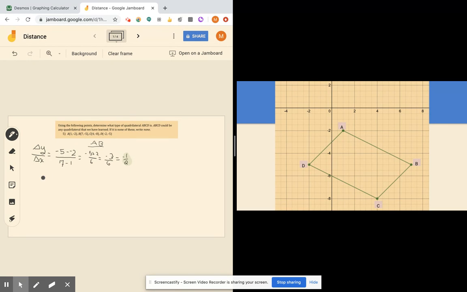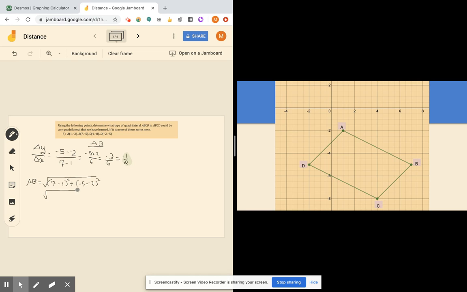Now let's find the distance between the points, or the length of AB. It's going to be the square root of the difference of your x's squared plus the difference of your y's squared. In this case, our x's are 7 and 1, so 7 minus 1, and our y's are -5 minus -2.